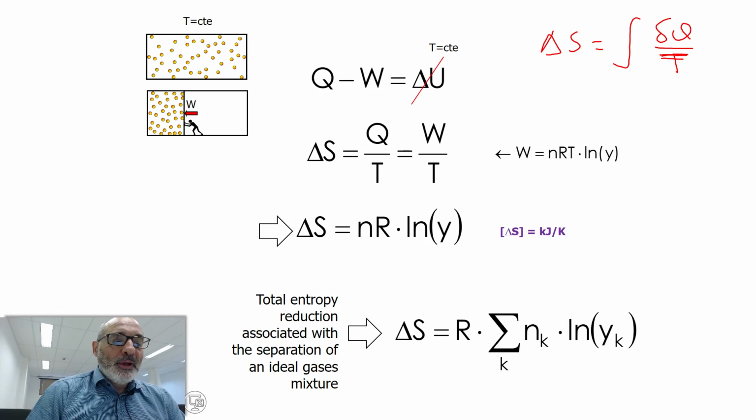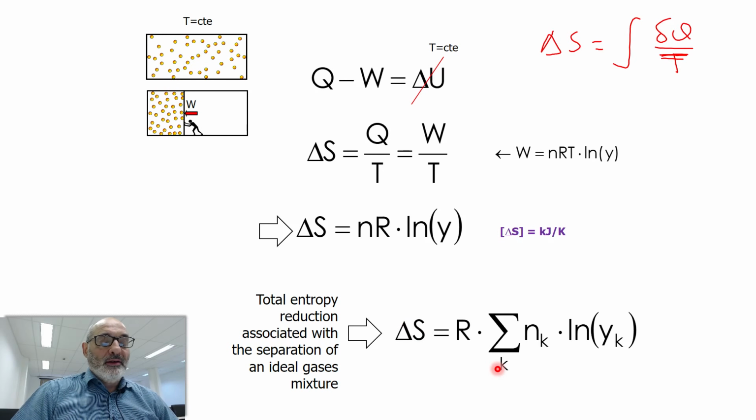By replacing all formulas that we have here, we get this final important result: delta S is equal to NR times the natural logarithm of molar concentration. And we apply this to our formula. If we have N species, nitrogen, oxygen, argon, CO2, water vapor, for instance, we add everything up and we get this formula here.